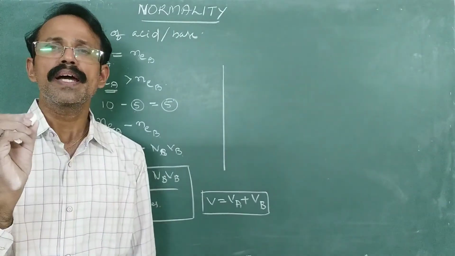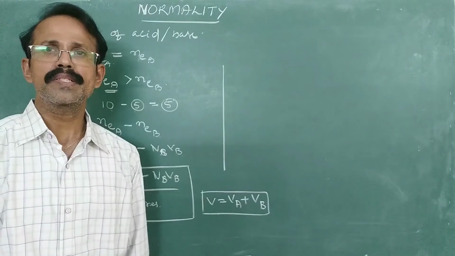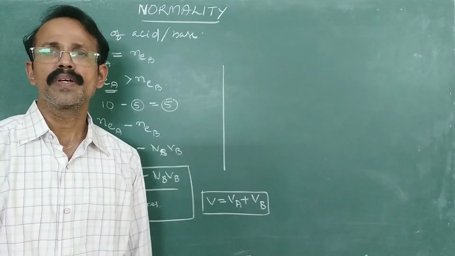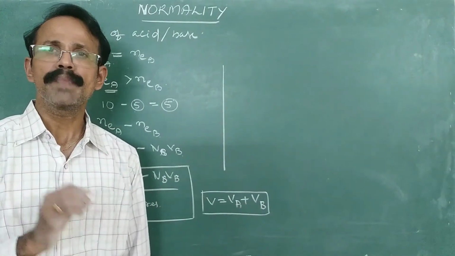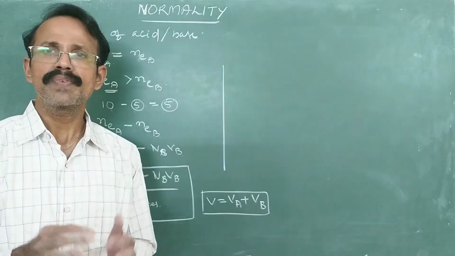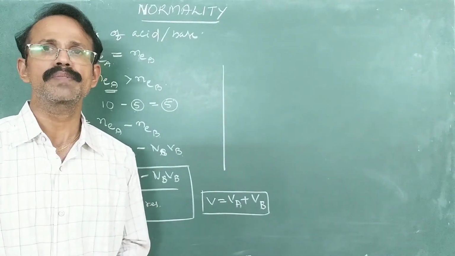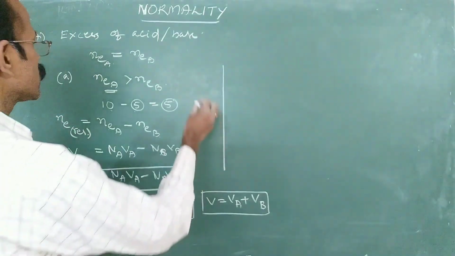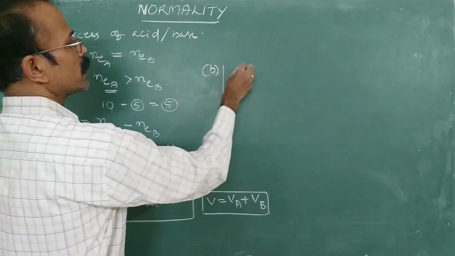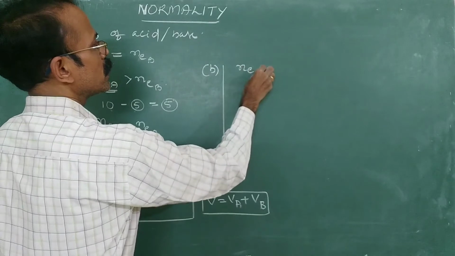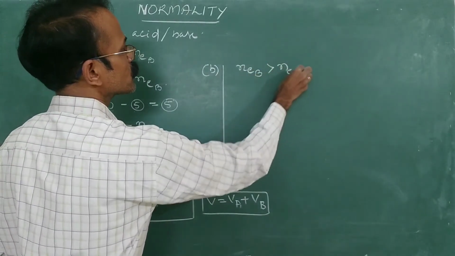Okay, suppose acid is added to excess of base, then what happens? Acid is neutralized by base and base will be left in the resulting solution, because base is in excess. So this is the second case. In the second case, the number of equivalents of base is greater than the number of equivalents of acid.